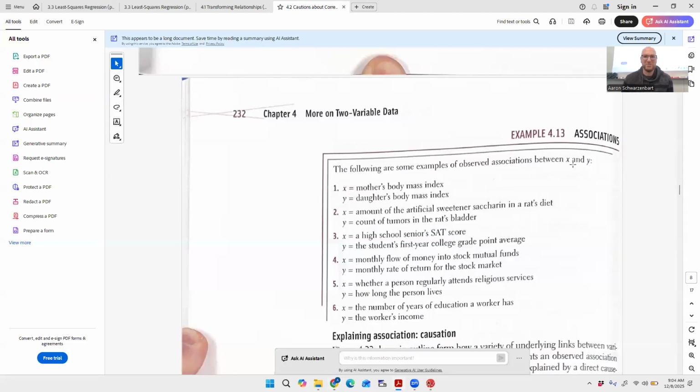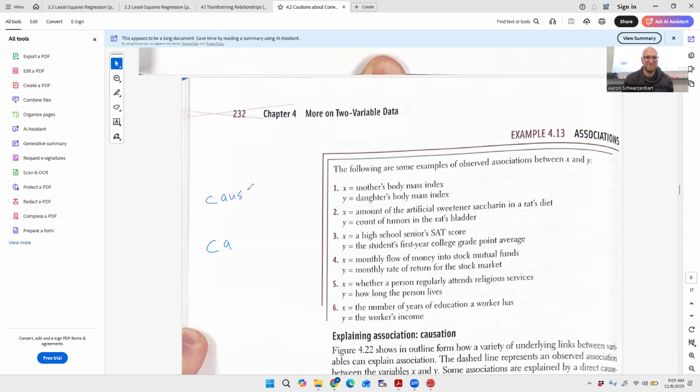Okay, so two of these are causation, two are common response, and two are confounding. Can we get a guess? I think number three is causation. That's one where they cause each other, right?